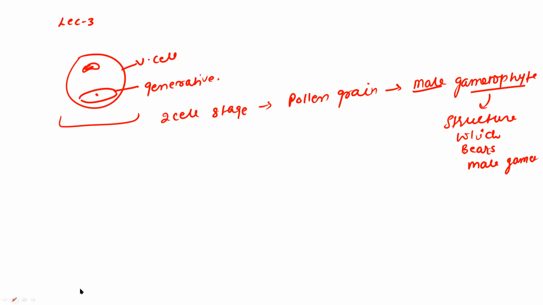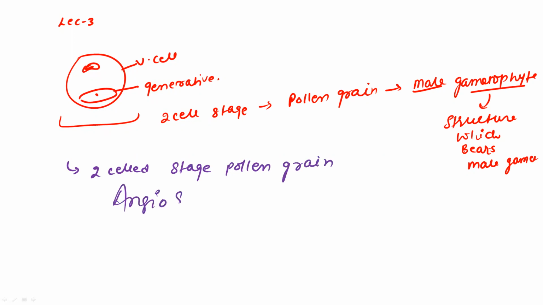Okay, this is the two-celled stage pollen grain. And if you talk about the angiosperms, basically 60% of the angiosperms release the pollen in the two-celled stage.